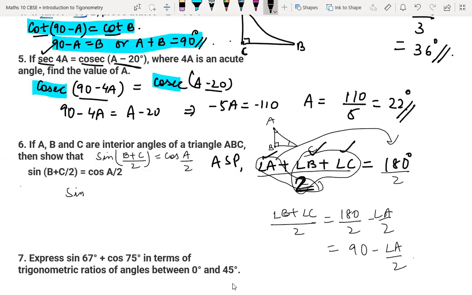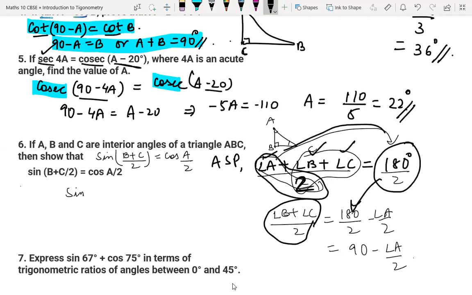So B plus C by 2 is equal to 180 by 2 as it is, and this A by 2 we send to the other side, so we get minus A by 2. So 90 minus A by 2, we can write sine of (90 minus A by 2). And sine of 90 minus theta is what? Cos theta. Proved.